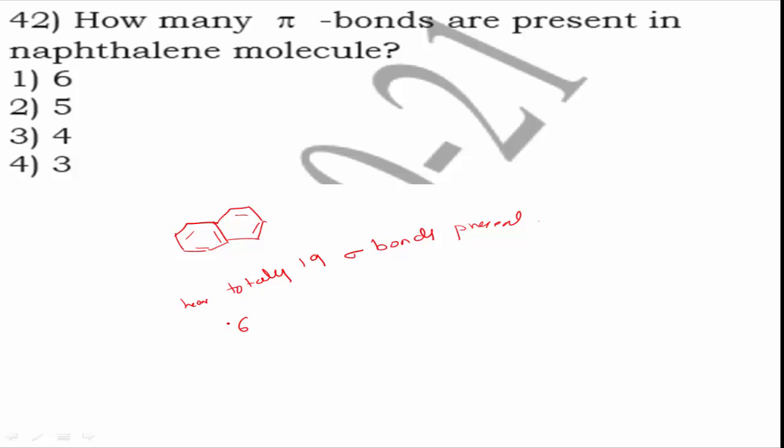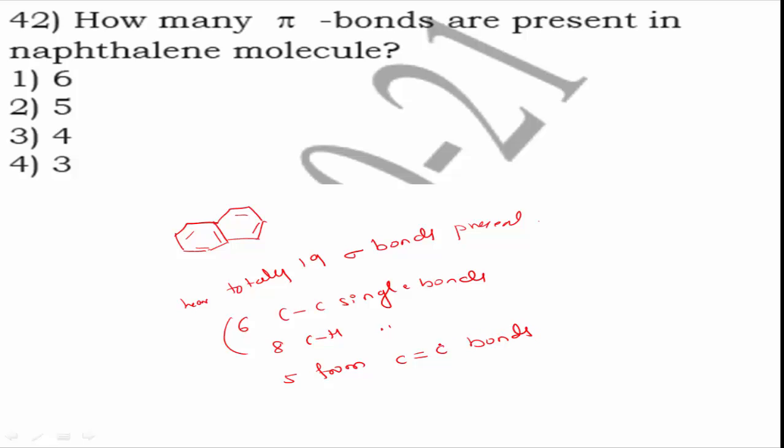And among these, 6 are carbon-carbon single bonds, 8 are carbon-hydrogen single bonds, and 5 are from C double bond C bonds.